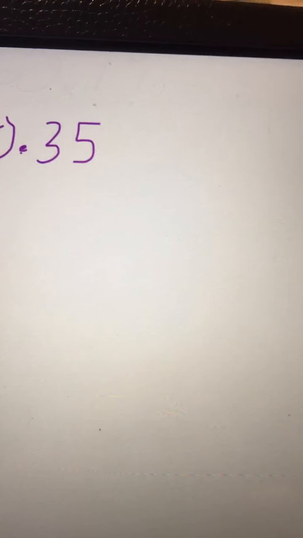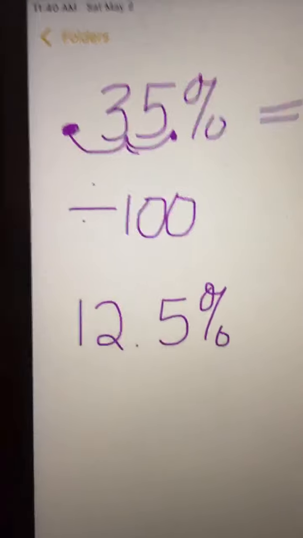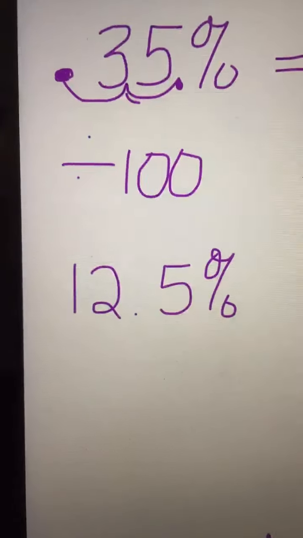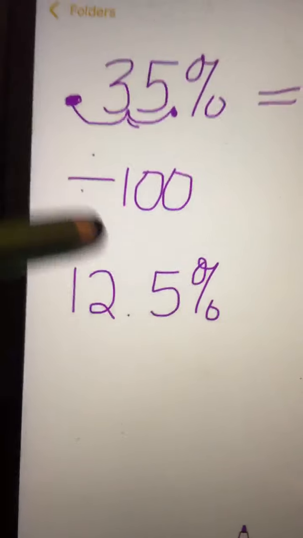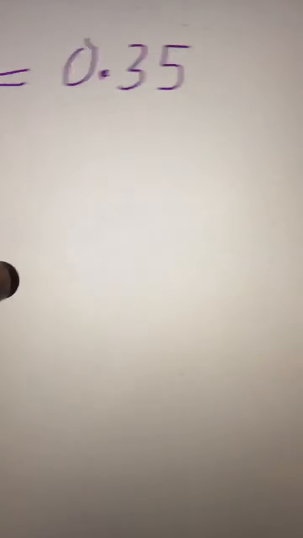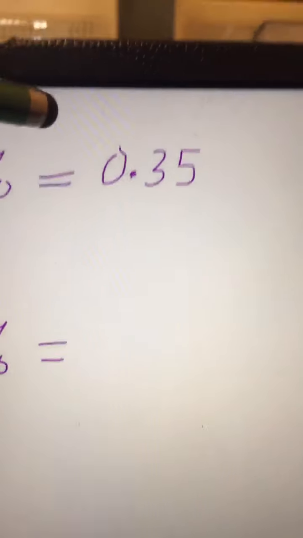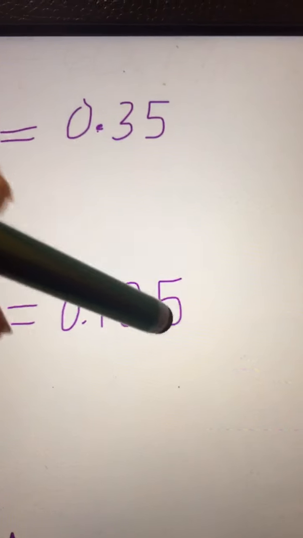Okay, let's try the next one. The next one was 12.5%. So they want to find what is the decimal. Here's our decimal point. Move it 2 places to the left. So then your answer is 0.125.